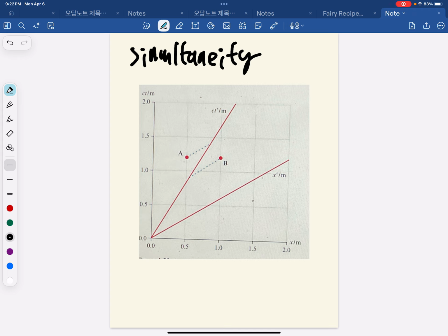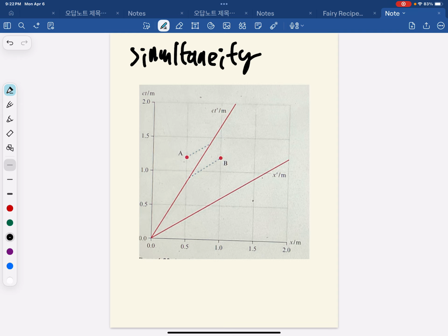But from what we learned before spacetime diagrams, just because two events happen at the same time in one frame, it doesn't mean that they happen simultaneously in a different, for example, moving frame. And we're going to be showing that with the spacetime diagram.